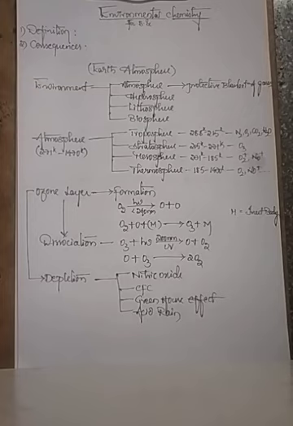What are the consequences? The main consequences are air pollution, water pollution and soil pollution. Air pollution is mainly due to the rapid growth of automobiles and other industries, which release harmful gases like carbon dioxide, carbon monoxide and oxides of sulfur and nitrogen, and other particulates into the atmosphere.